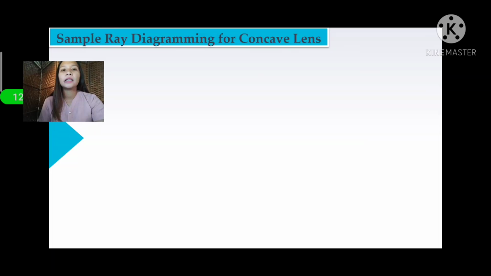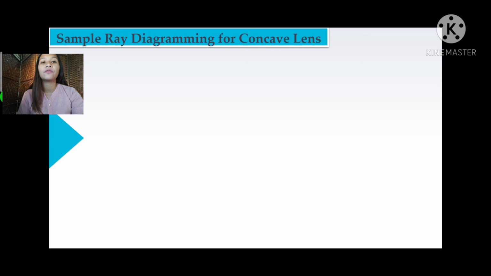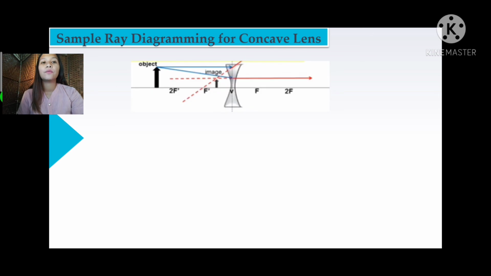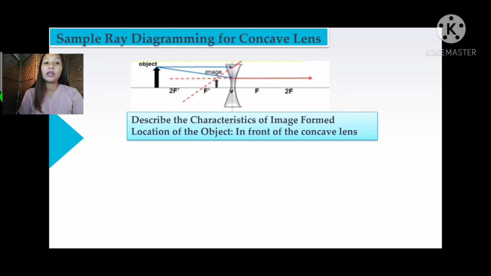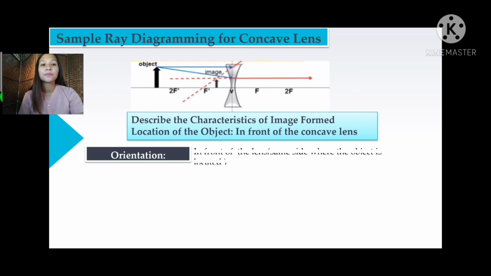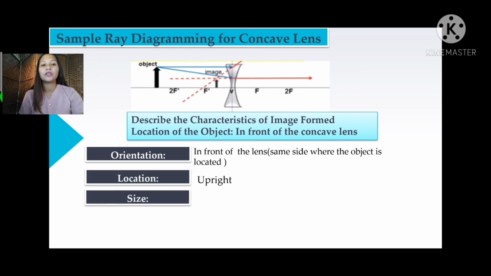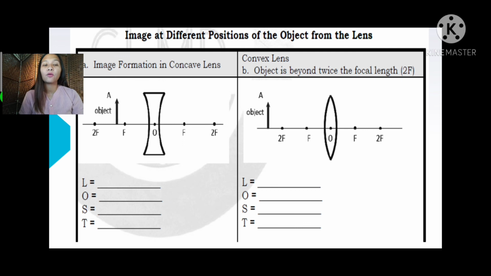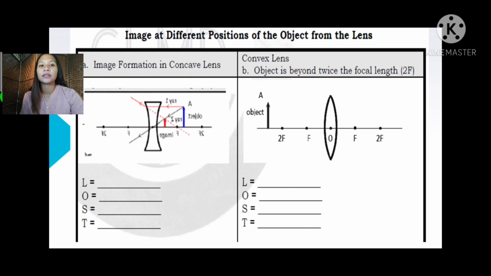In the sample ray diagram for concave lenses, the object is in front of the concave lens. The image is located in front of the lens, on the same side where the object is located. It is upright, reduced in size, and it is a virtual image. Now let's take a look at different examples of images at different positions of the object from the lens.